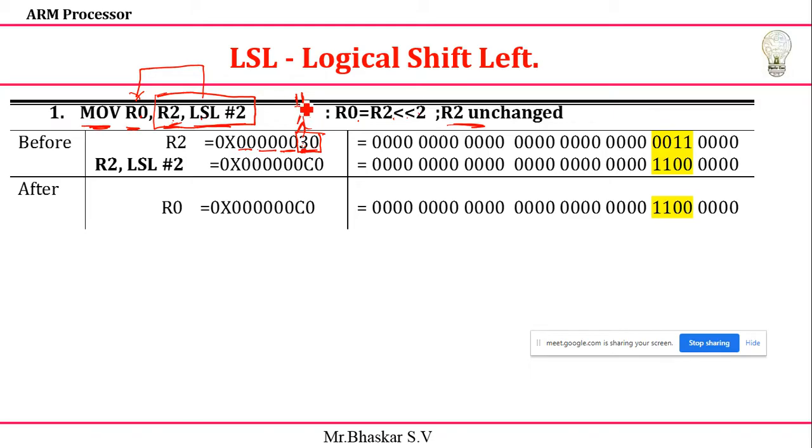So 1, 1 in terms of 4 bits means I get 0, 0, 1, 1. The remaining bits, because of 0, I take as 0. Next, what I am doing, carefully observe, is the R2 value logical shift left of 2. So these two bits, the remaining I'm not going to bother, everything needs to be shifted actually.